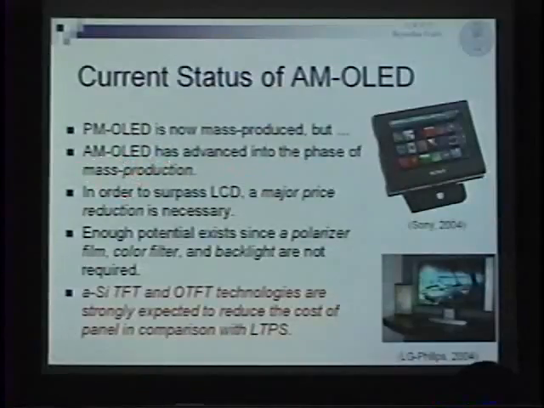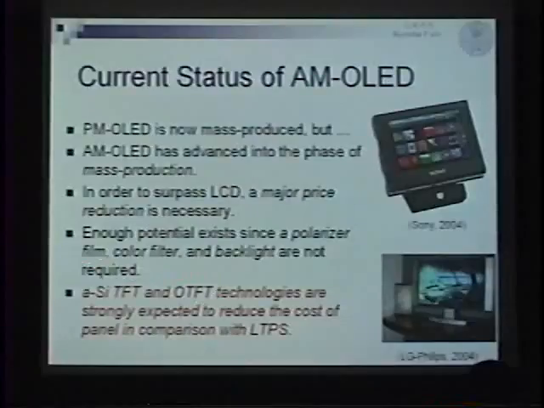The main reason is price. Price is too high. So in order to surpass the LCD, a major price reduction is necessary.